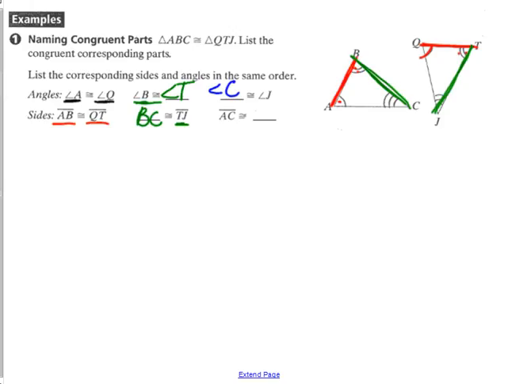Finally, it's pretty easy to see. AC has 1 tick mark over here and then 3 over here. 1 tick mark over here and 3 over here. So that is going to be QJ.